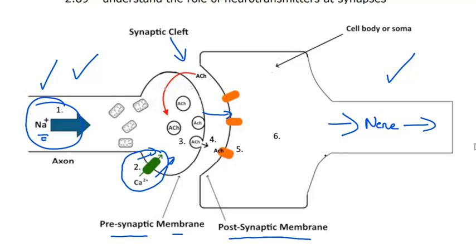The third event is that vesicles, tiny vesicles filled with a chemical, are going to make their way to the cell membrane, like so, and in fact will fuse with that membrane, emptying their contents into the synaptic cleft. Now you can see that the vesicles, which I have identified, have got the letters A, C, H there. It actually stands for acetylcholine.